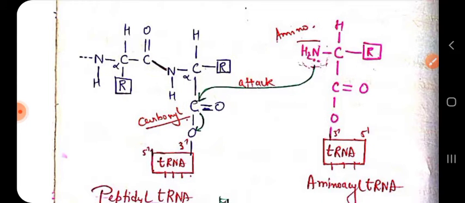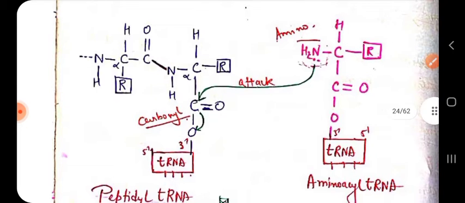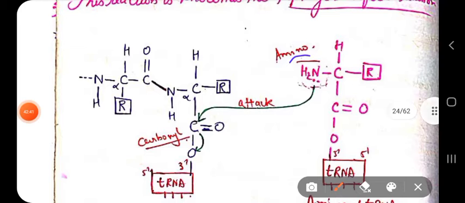Now this positioning causes a reaction. What type of reaction? You can see the amino group of the aminoacyl tRNA attacks the carbonyl group of the peptidyl tRNA.